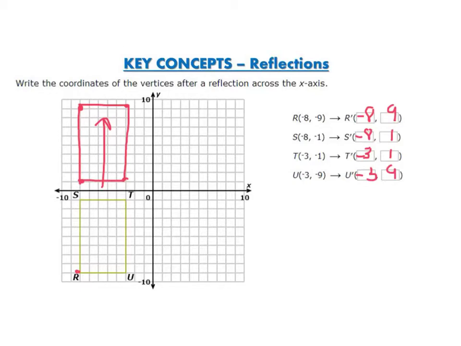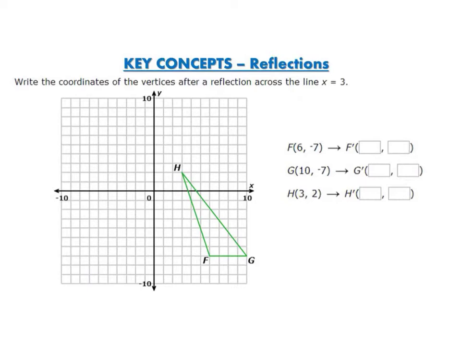That's only when I'm reflecting across the x-axis. You change the sign of the y values. It's the same thing if you're going to reflect across the y-axis. If you reflect across the y-axis, you only change the sign of the x values. But be real careful, that's the only time.